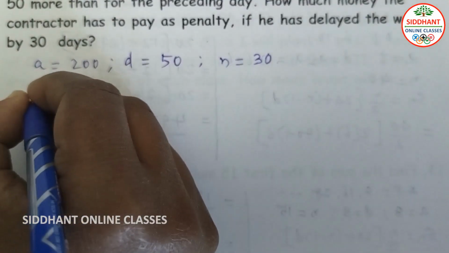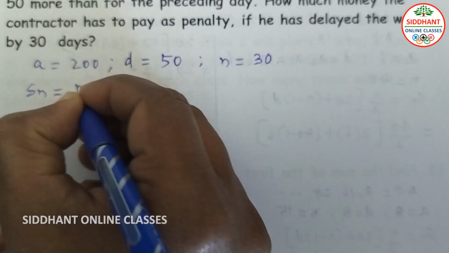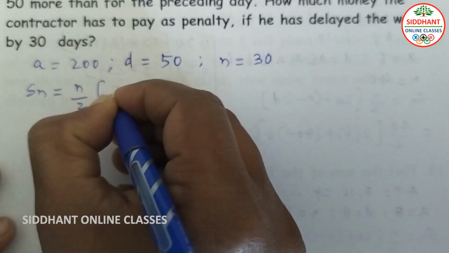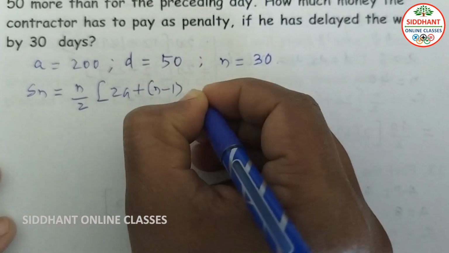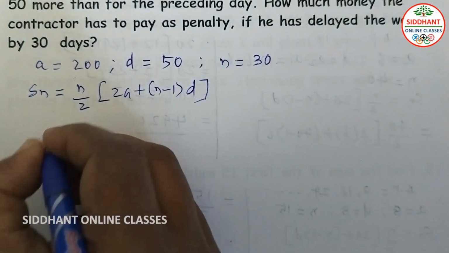So Sn equal to n by 2 into 2a plus n minus 1 d here.